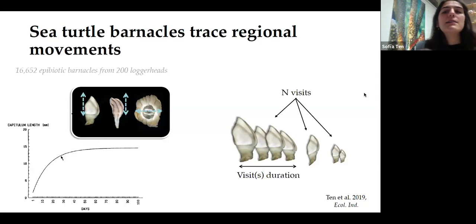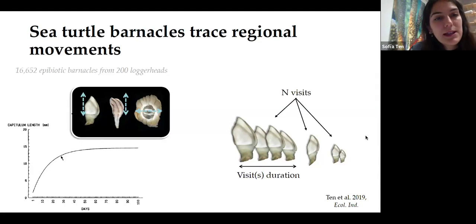So we could infer how many visits, in this case with Lepas, to the oceanic domain they had been doing in the last month. And just by finding continuous age values, we could also have a rough estimation of the duration of this visit to the oceanic domain. We could also do the same with Chelonibia and get information about the coastal environment.